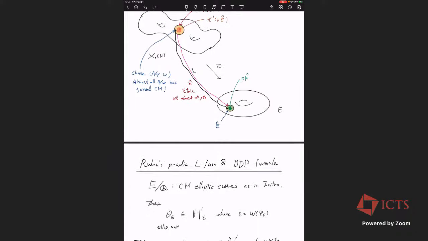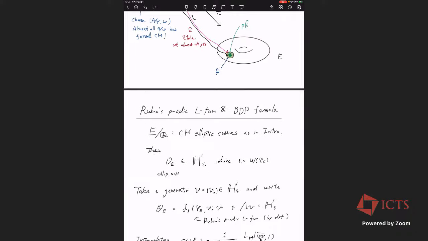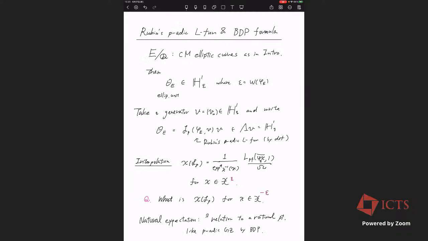Now I have 5 minutes, so I will explain Rubin's p-adic L function and the BDP formula. Let E be a CM elliptic curve as in the introduction, and theta_E is the elliptic unit, belonging to H^1_epsilon, where epsilon is the parity of phi_E.